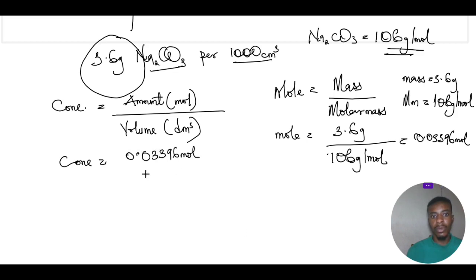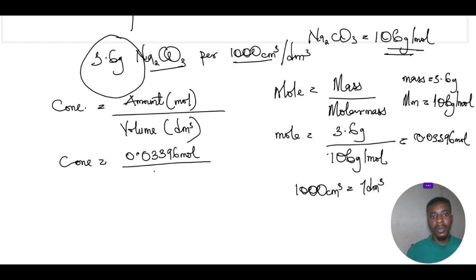So you substitute into the amount here, 0.03396 mole, over the volume. Take note, it is 1000 cm³, which is per dm³. Our volume here is in dm³, and you know 1000 cm³ is equivalent to 1 dm³.